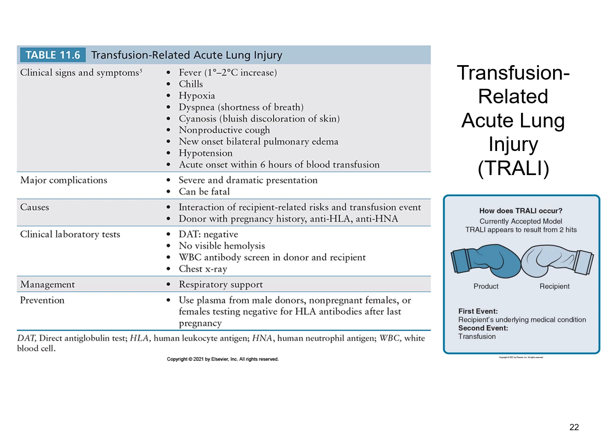Now, the exact mechanism, as far as how the lung is actually injured, is not really known, but they're currently thinking that it's basically a result of two events. You've got one happening with the recipient's actual underlying condition, and then the second is the actual transfusion itself. So basically, you've got a patient who's already compromised in some way, or else they would not be needing a transfusion.